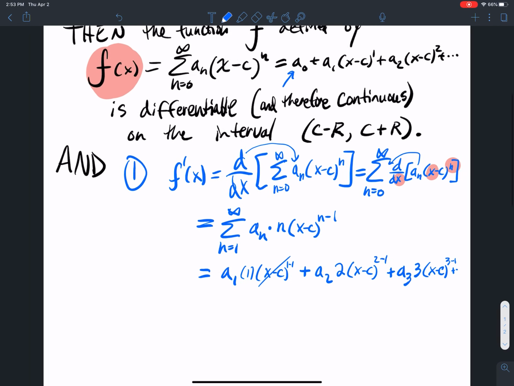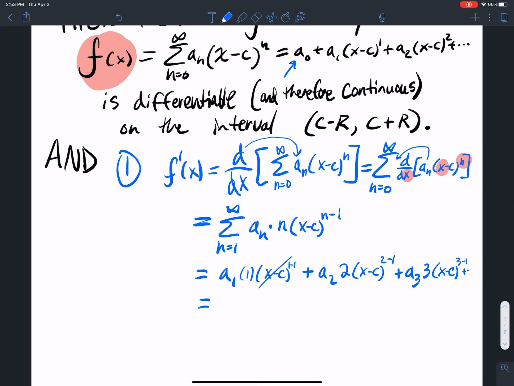So what's going on here? This equals a1 plus 2 a2 x minus c to the 1 plus 3 a3 x minus c to the 2, and so on, okay?